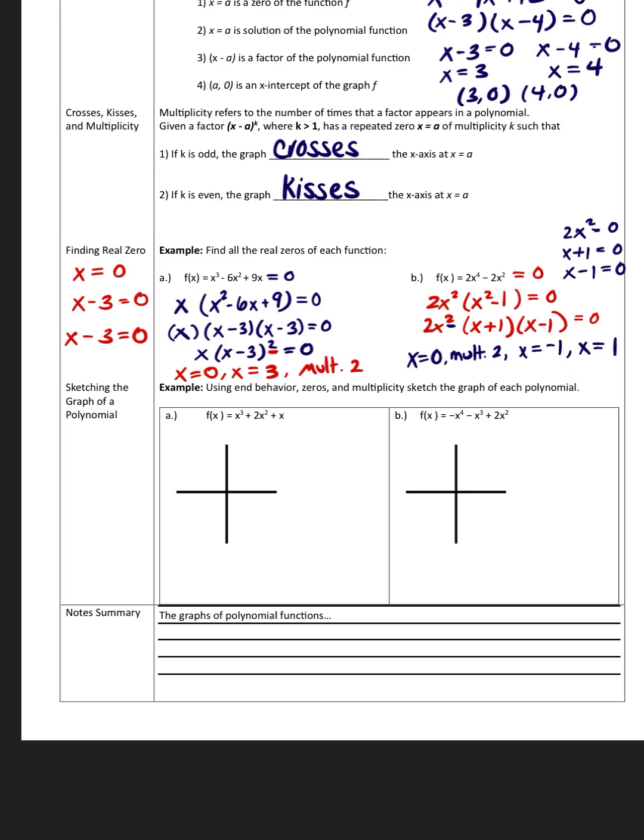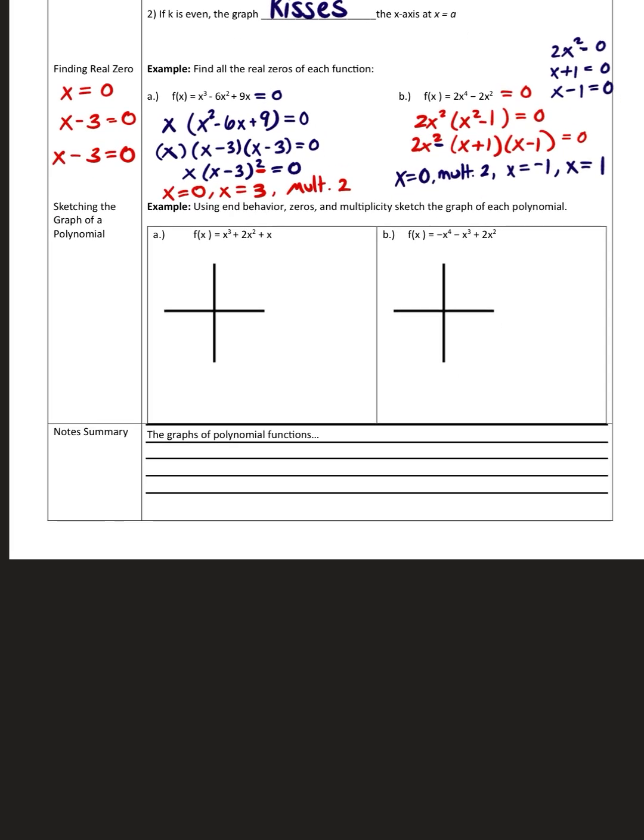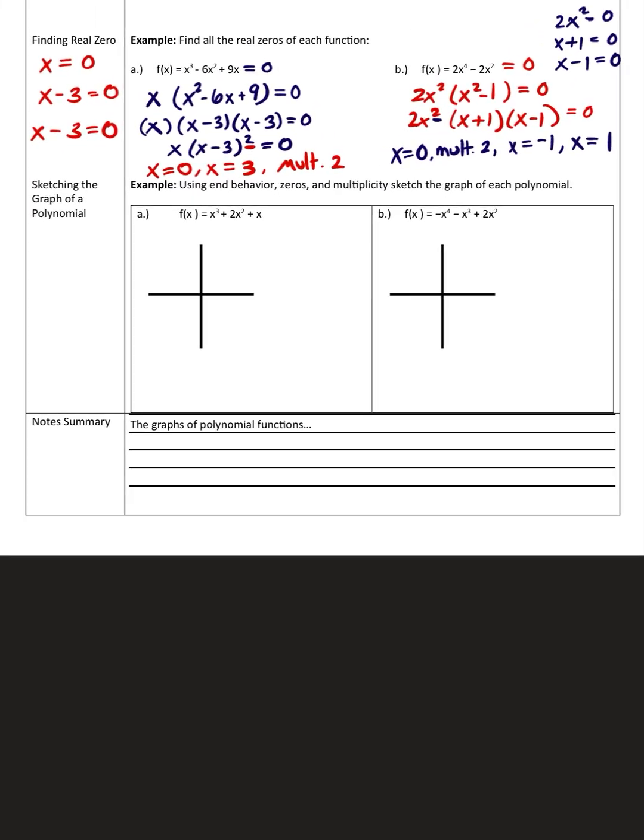All right, so let's start looking at these functions on graphs. This is where everything is going to really start coming together, including the end behavior and the crosses, kisses, and multiplicity. So for example A, we have x to the power 3 plus 2x squared plus x.